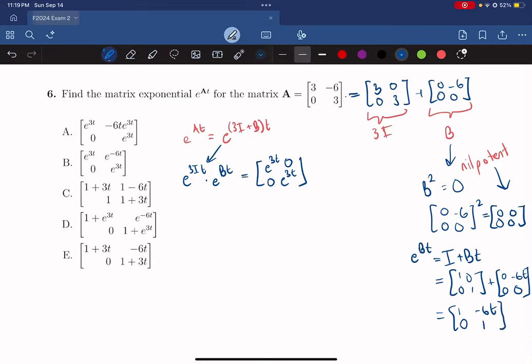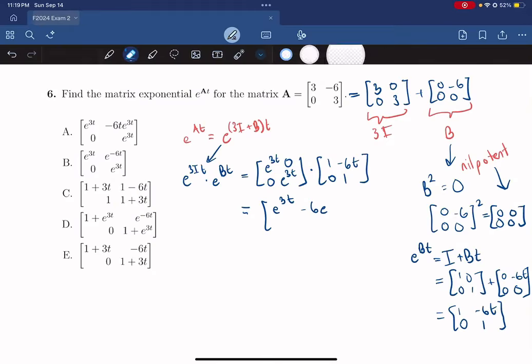So back up here, and then after just some basic matrix multiplication, you'll get e to the 3t, negative 6e, negative 6t, e to the 3t, e to the 3t, 0. And that should be the answer right here.